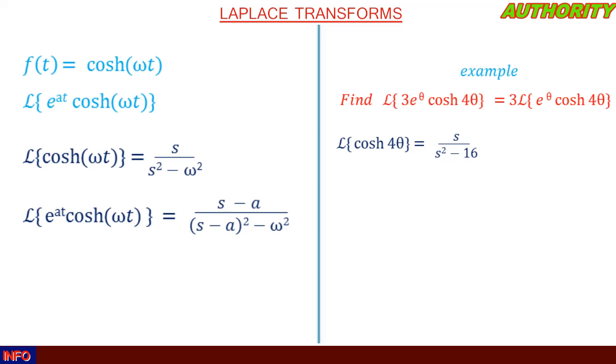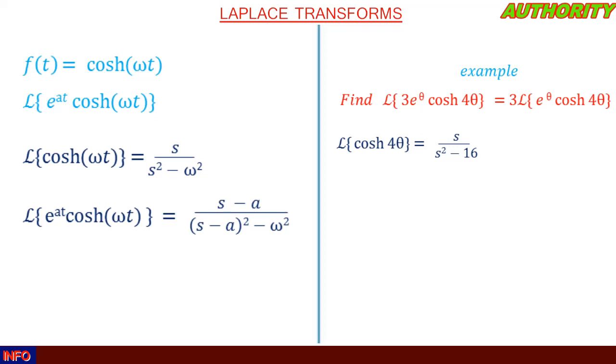We have 3 times the Laplace transform of e raised to the power of theta, cosh 4 theta. In this Laplace transform of cosh 4 theta, anywhere we see s, we replace it with s minus a. And in this e raised to the power of theta, our a is 1. So we replace with s minus 1.